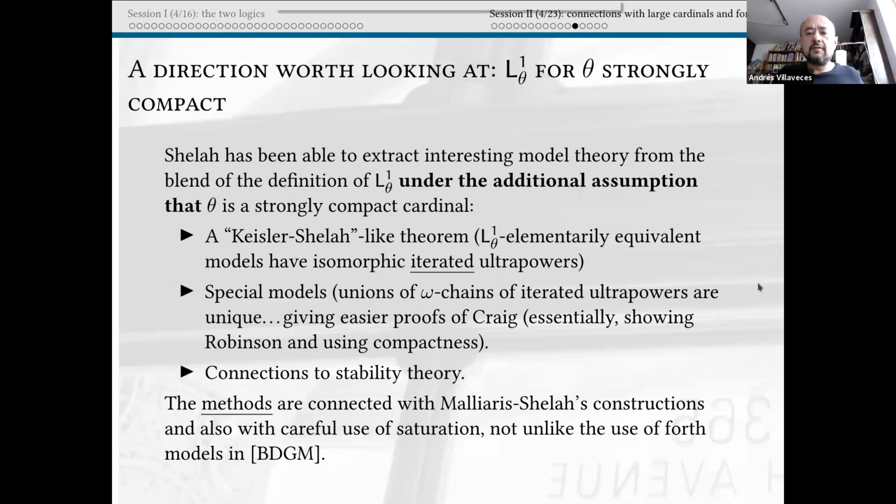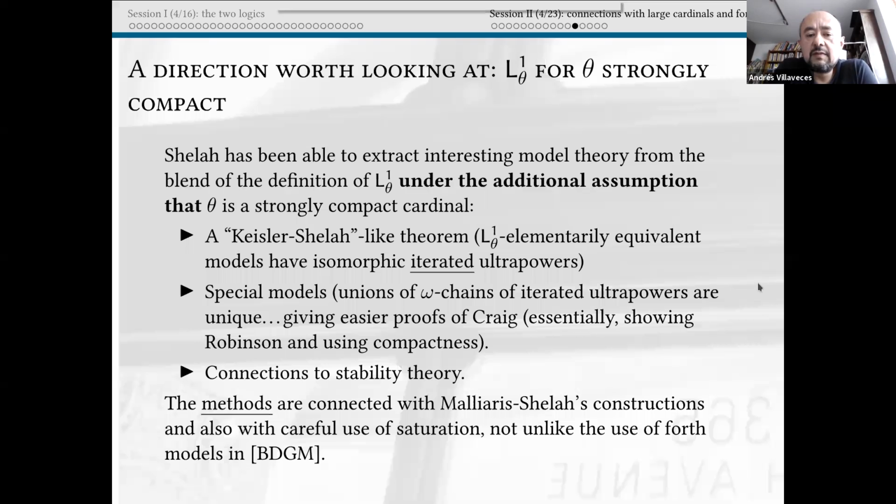okay, so what do we have now? We have these logics. We have all these musings between Fraïssé systems and maybe virtual elementary embeddings that you want to get between models or between strata of the hierarchy. But let us remind ourselves of L_{∞κ}, and let's look at this blend that is happening now.